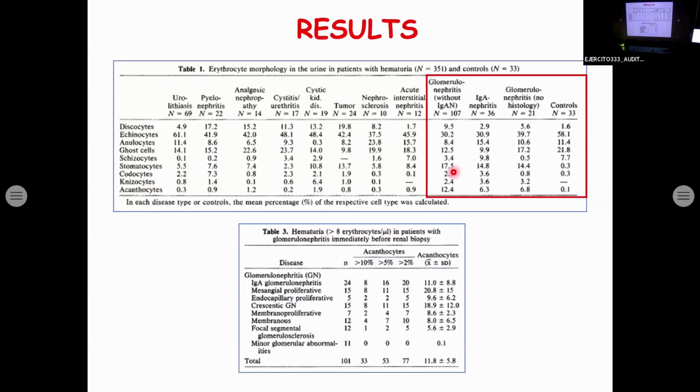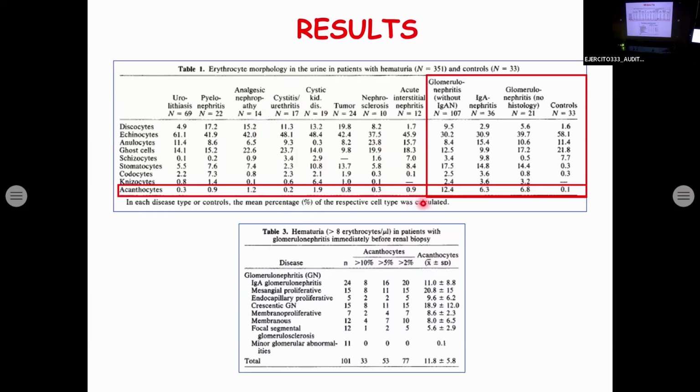But they found that only acanthocytes were present in very low number and at the lowest frequency in non-glomerular urinary tract diseases.